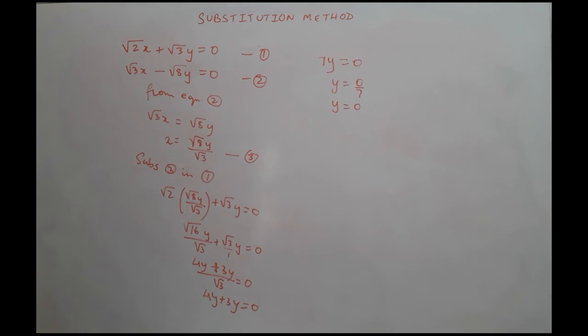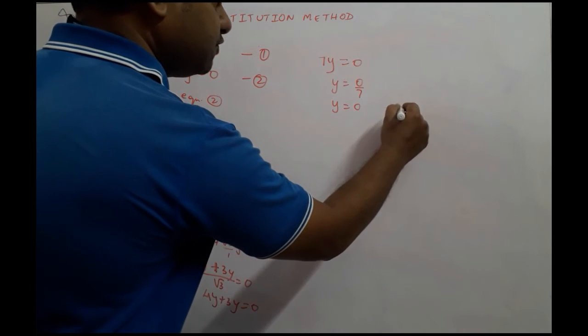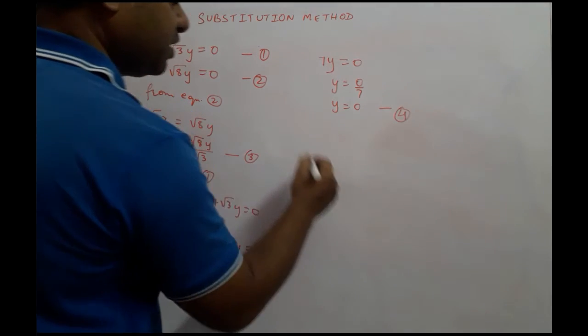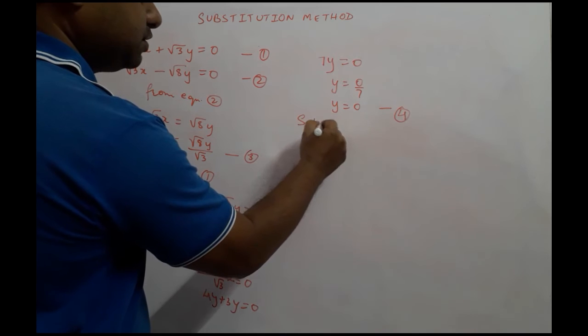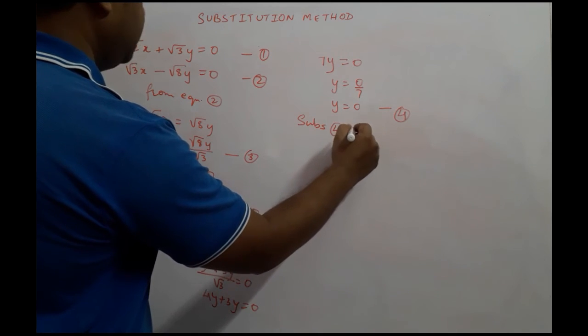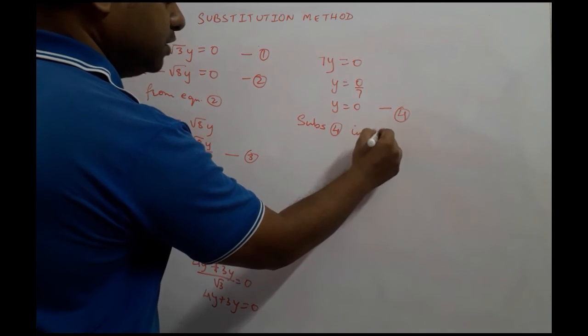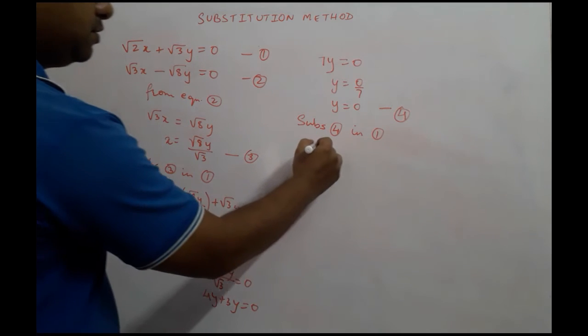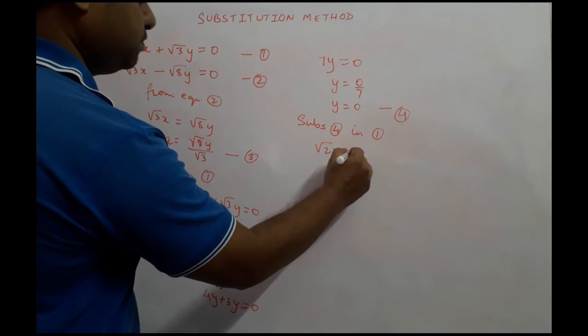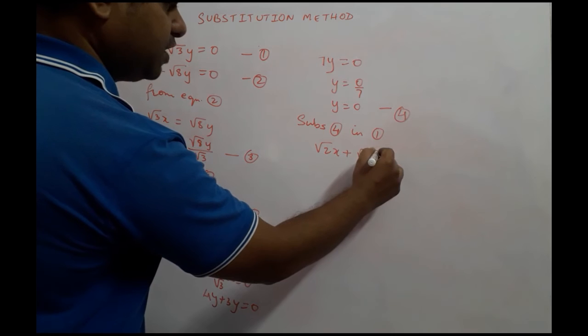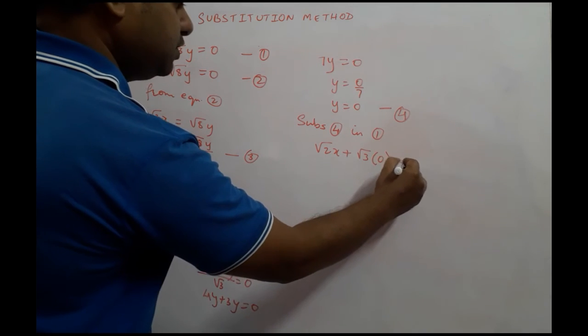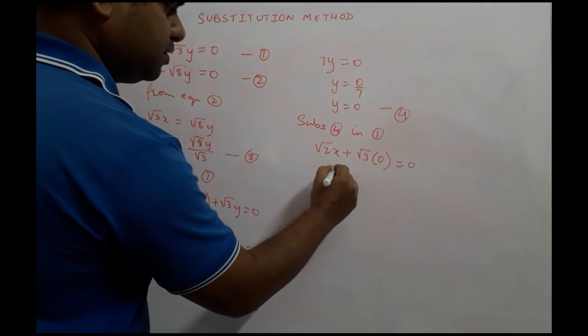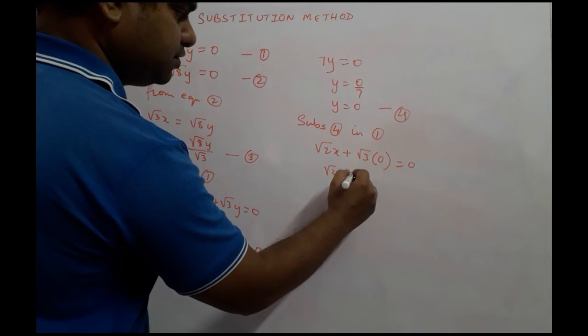Now that we have got the value of y, we mark it as 4, and we substitute 4 in 1. We get root 2x plus root 3, instead of y we put the value of y, 0, equal to 0. Root 3 into 0 gives us 0.